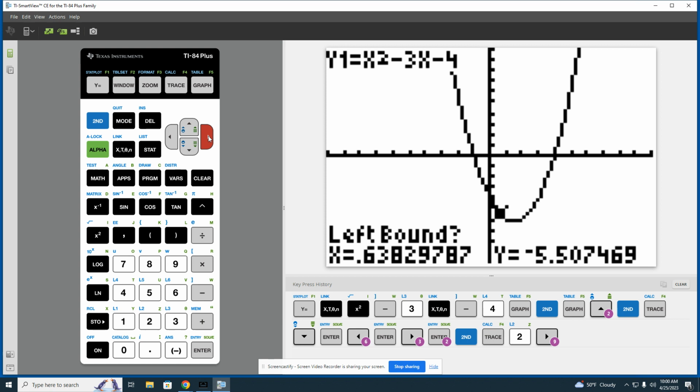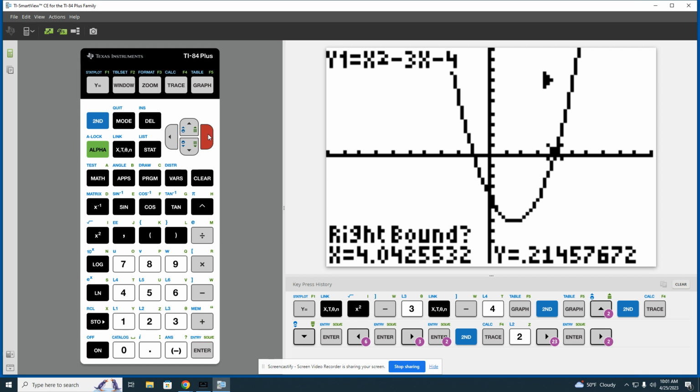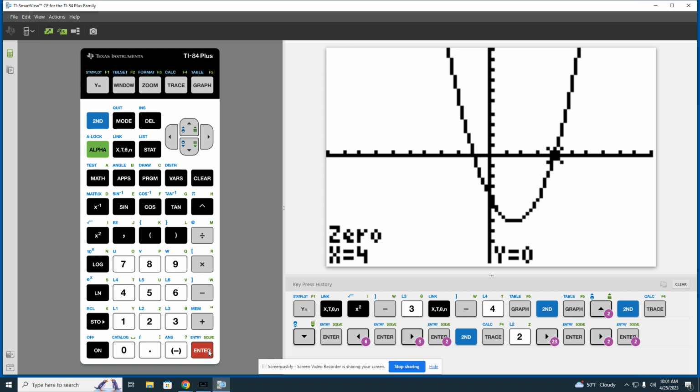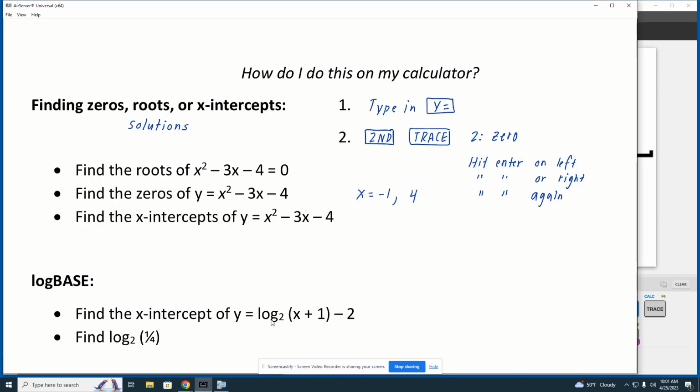We're going to go down to the other one. Just to the left of it is below it. Push enter. Just to the right is above it. Push enter. Push enter one more time, and sure enough, my 2 solutions, my 2 roots, my 2 x-intercepts, my 2, I don't know which one I haven't said, zeros are -1 and 4.